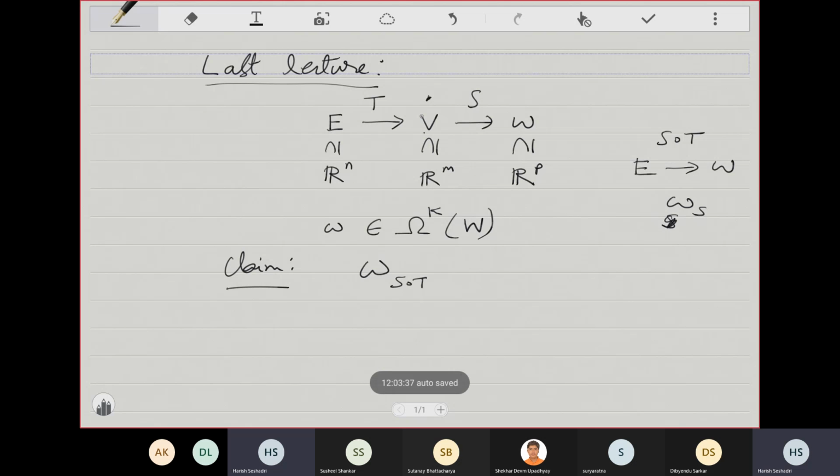Then I can use T to pull it back to E. That would be omega S, and then you pull it back to E, T. The claim was that these two are equal.